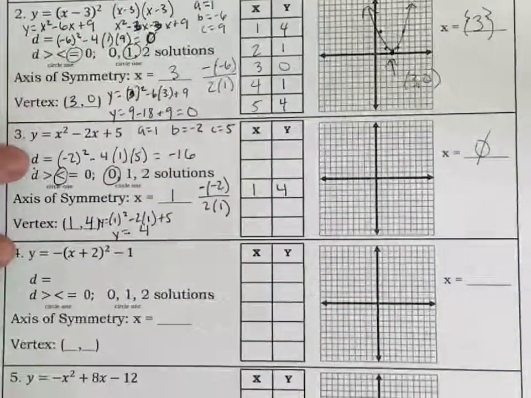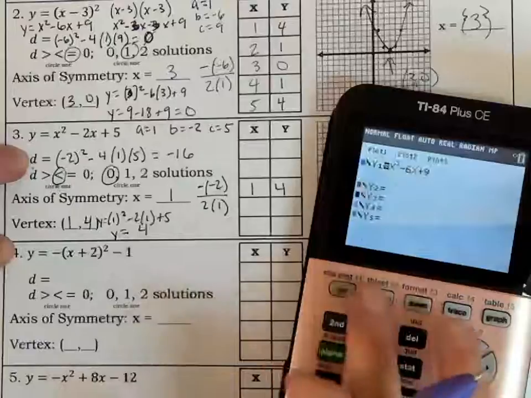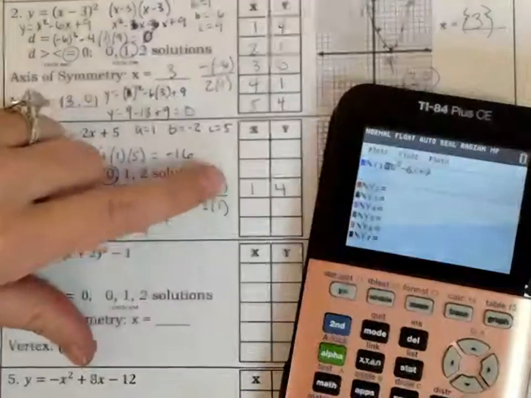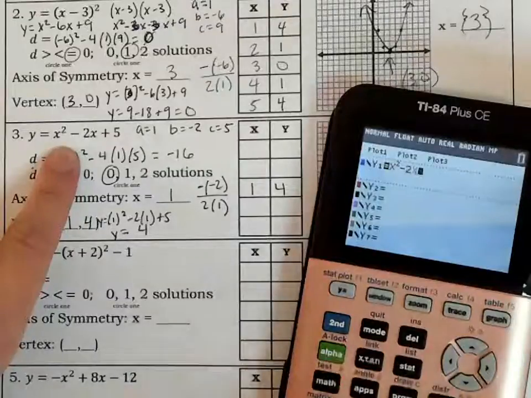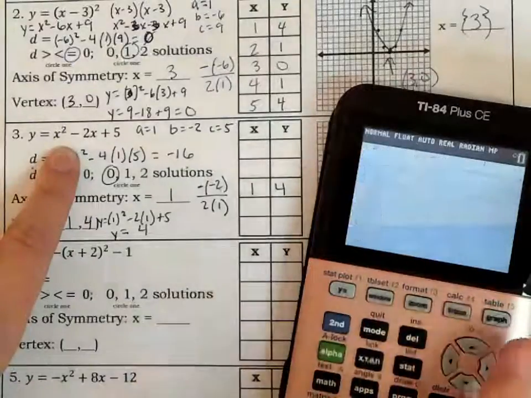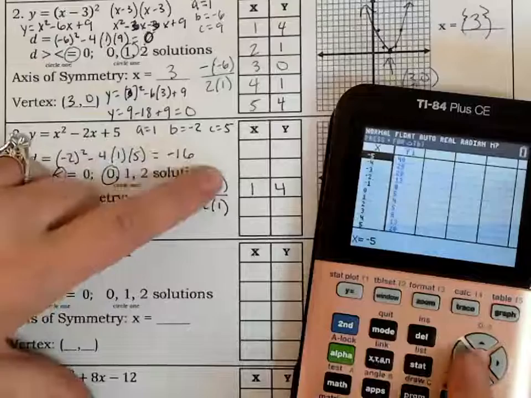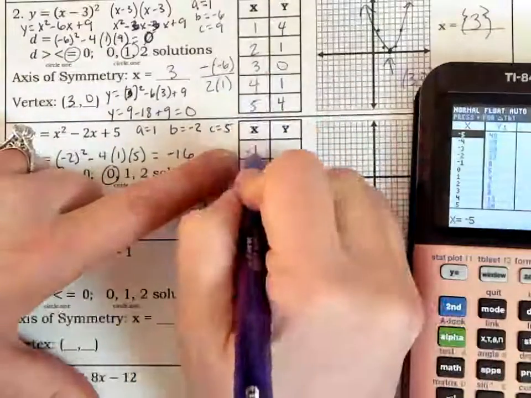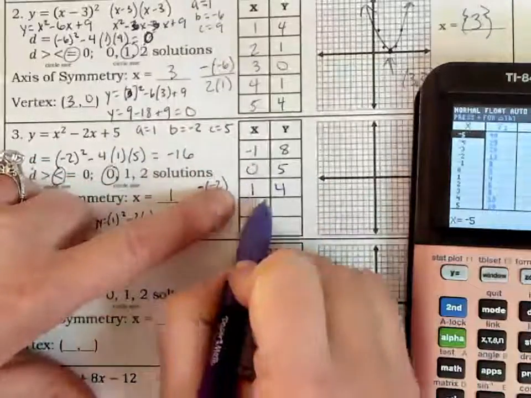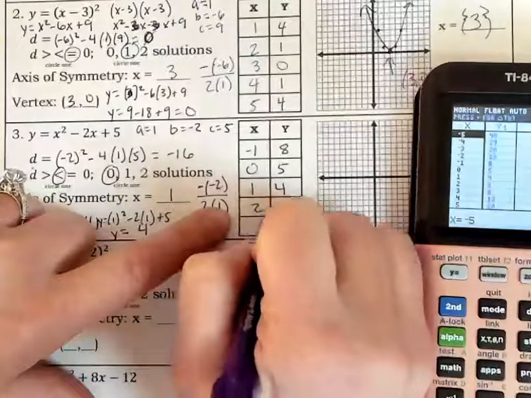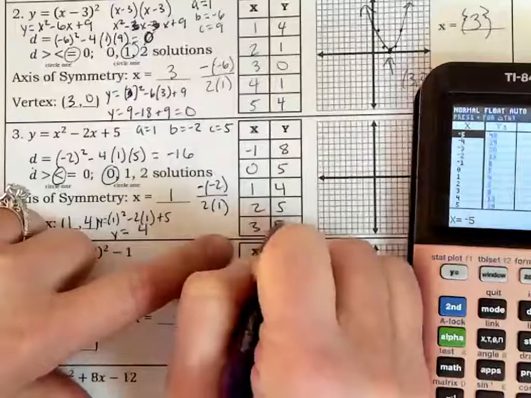I'm going to use my calculator to quickly get the rest of the values from my table. So I'm going to plug in here x squared minus 2x plus 5. Go to my table, and I need the value for -1, which is 8, 0, which is 5, 1, which is 4, 2, which is 5, and 3, which is 8.